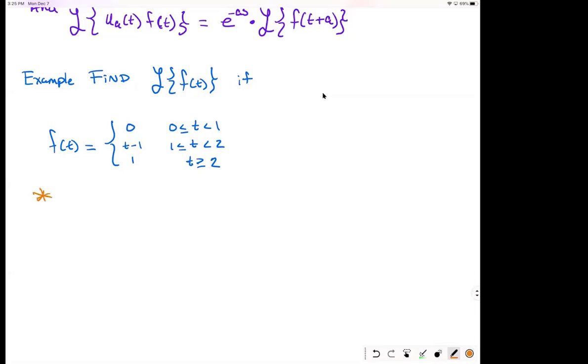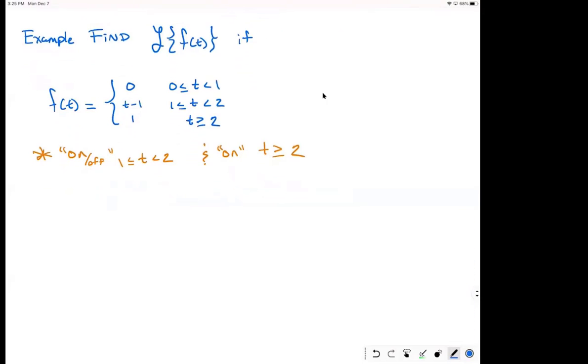We're switching on and then off from t between 1 and 2. We're off from 0 to 1, so I'm not going to bother with that. And then we are on permanently when t is bigger or equal to 2.